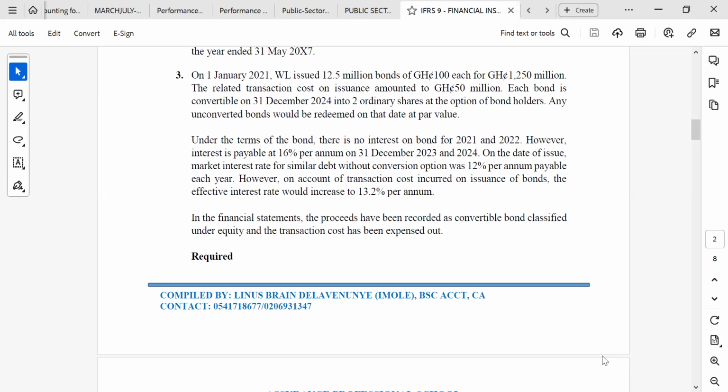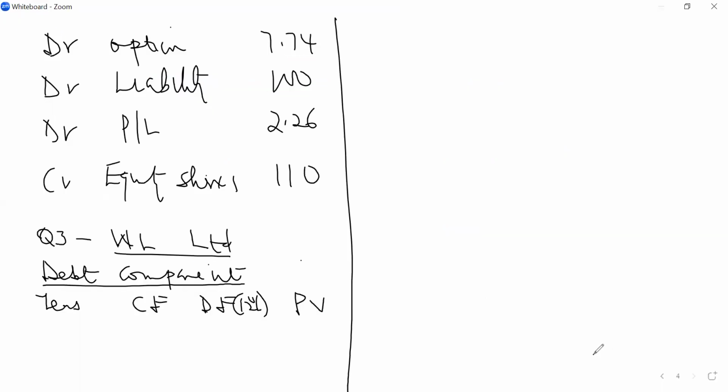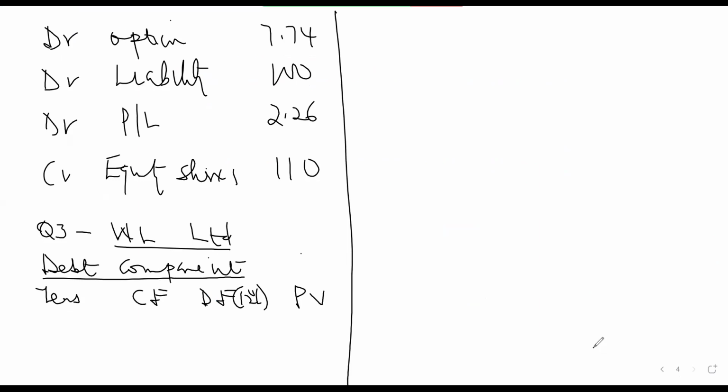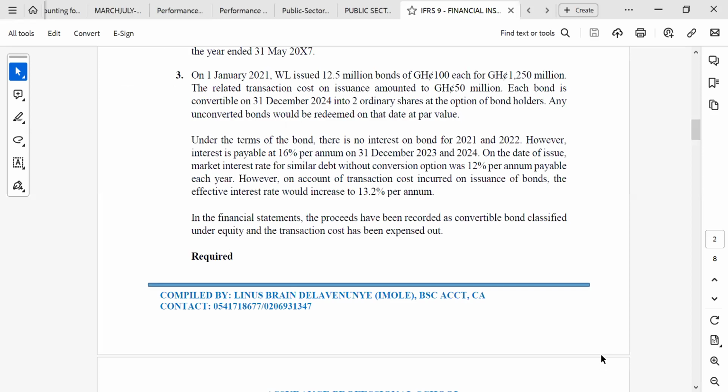So year 1 and 2, there will not be any interest. So this one, don't use annuity, because if you want to use annuity, you have to find the 4 years and subtract the first 2 years' discount factor from it. So you just have your 3 years over here, and the interest will be how much? What will be the interest that we are going to be paying?